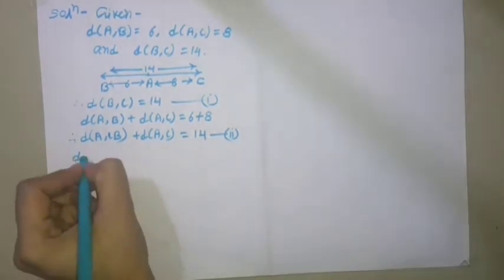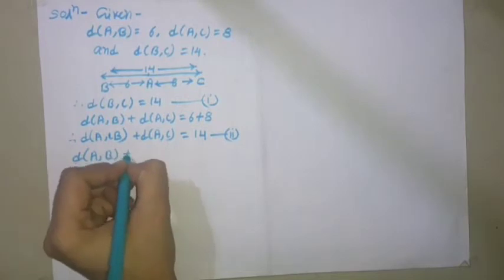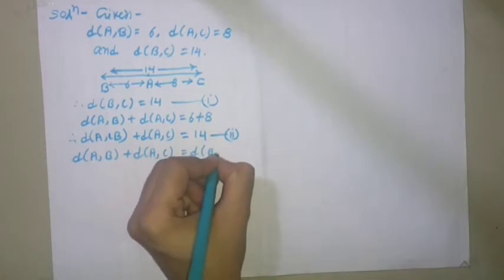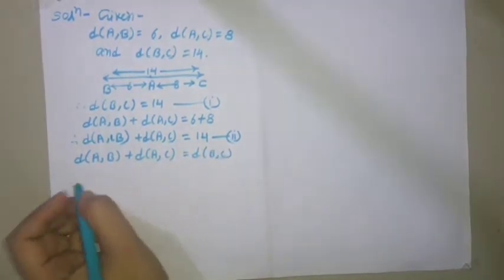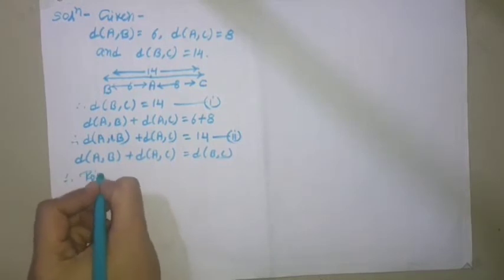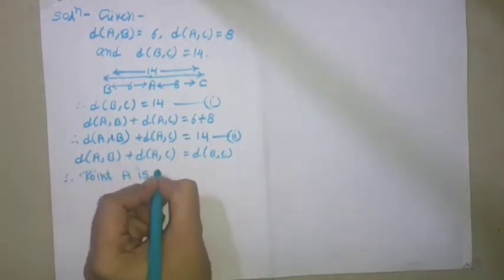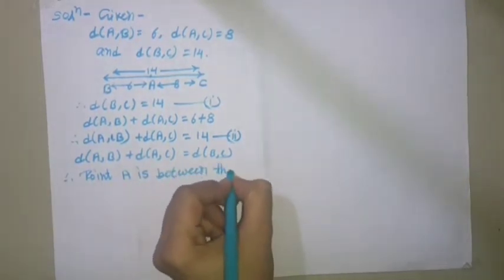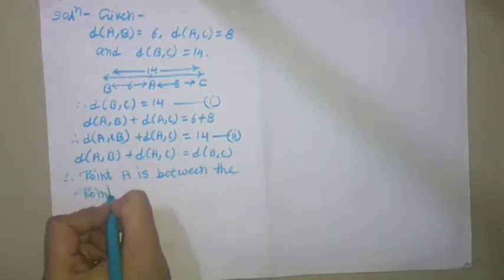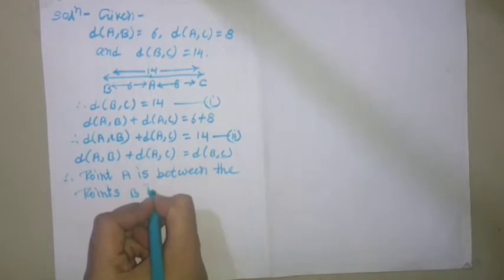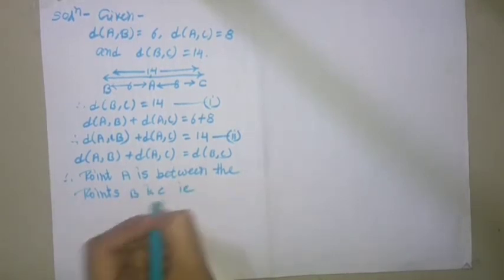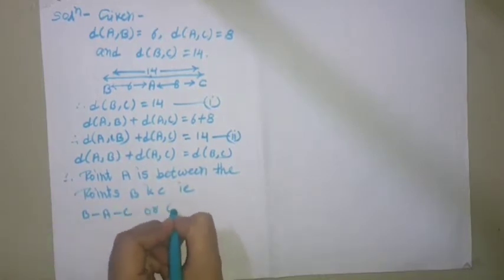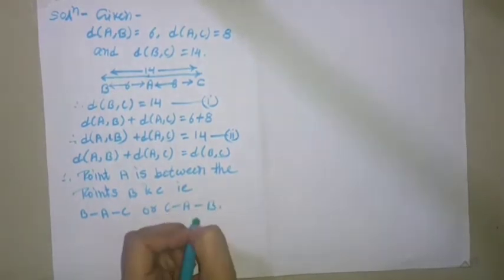Therefore, distance of AB plus distance of AC equal to distance of BC. Therefore, point A is between the points B and C, that is B, A, C or C, A, B.